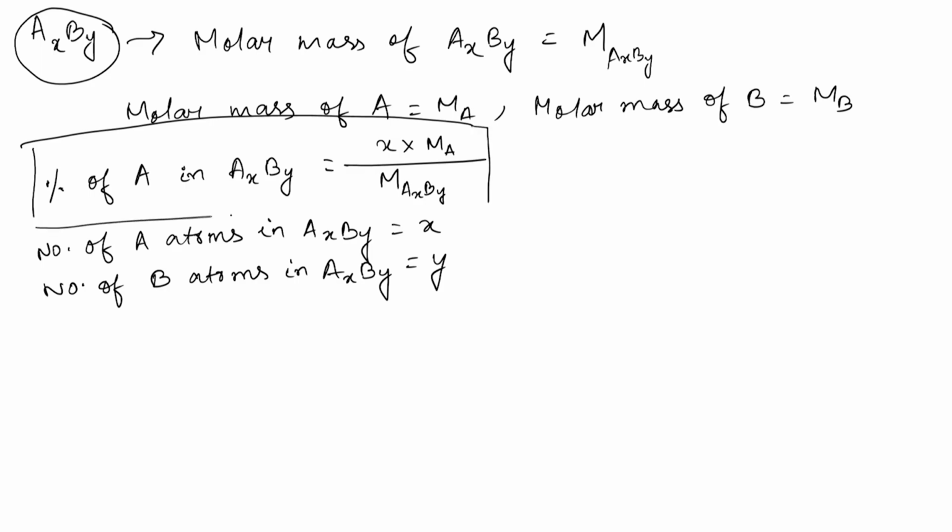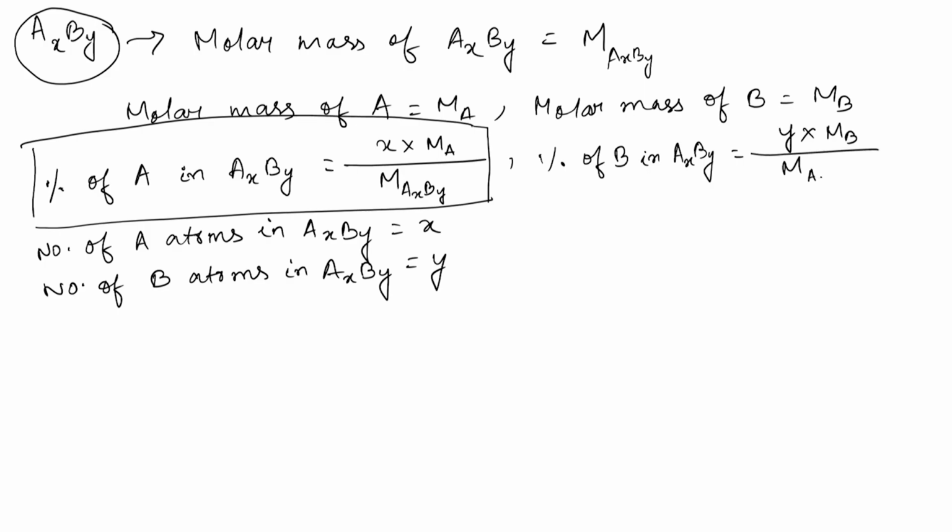So, this is the percentage of A. Now, percentage of B in AXBY will be equal to the number of B, that is Y, into the molar mass of B, which is MB, divided by M(AXBY). So, this is the percentage of B in AXBY.